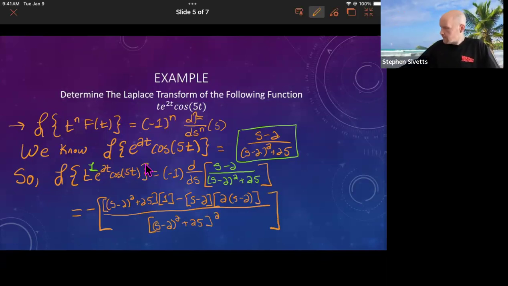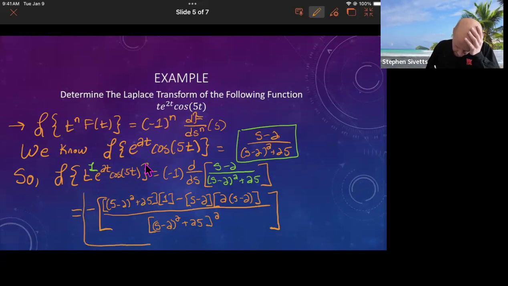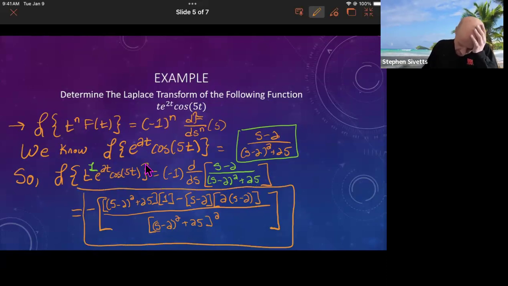All right. That's a lot of work. I'm not going to simplify things, but this would be the correct Laplace transform of t times e to the 2t times cosine of 5t. Okay. So pretty straightforward.